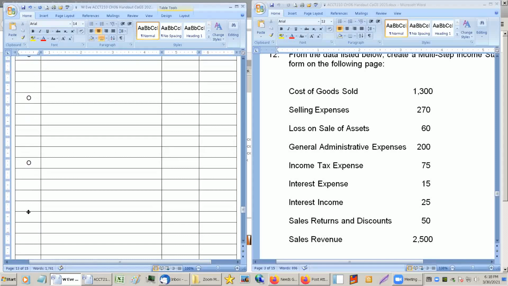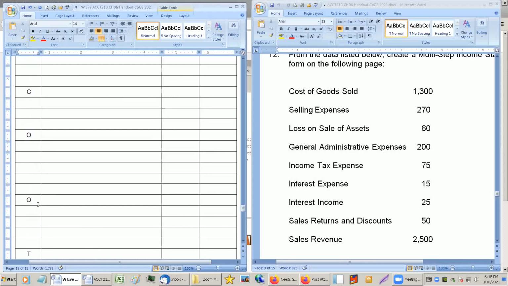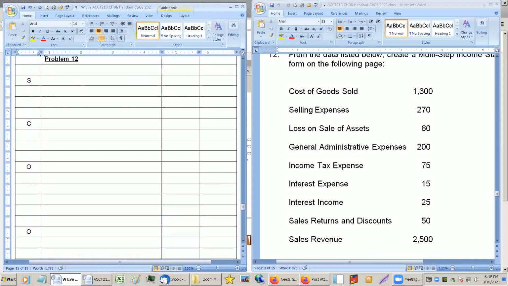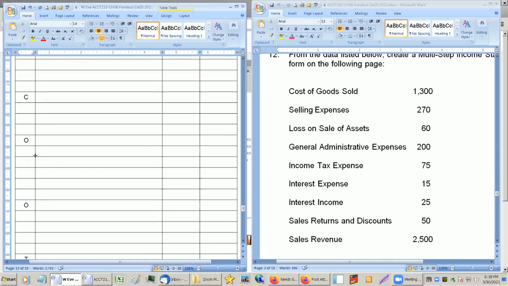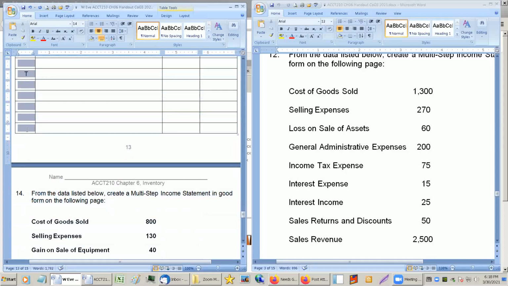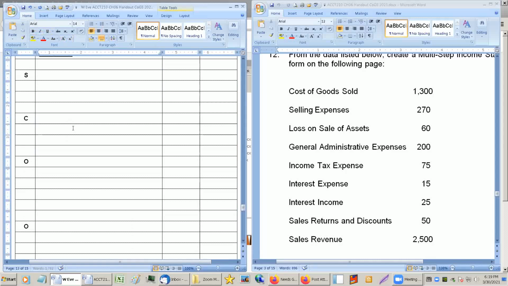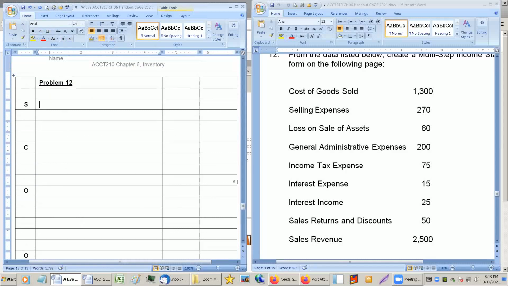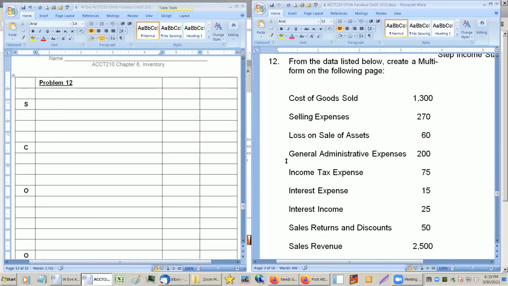I might have to change the spacing. So I just got Scoot written down the side here. I don't need that much space for it. I could probably shorten that up a little. But so there's Scoot. I'm going to bold my Scoot. Okay. So this is problem 12 then.